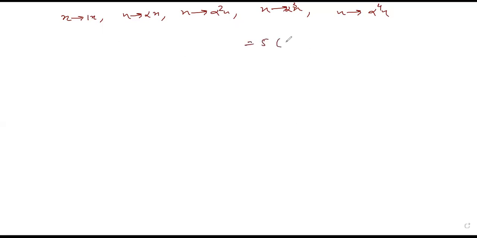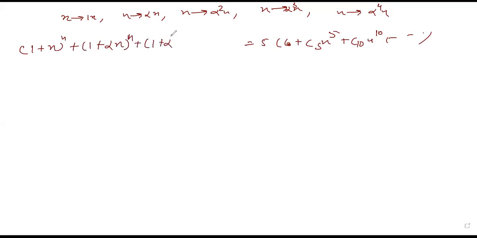That will come as c0, c5 x raised to the power 5, c10 x raised to the power 10, and so on. And this side will come 1 plus x raised to the power n, 1 plus alpha x raised to the power n, plus 1 plus alpha square x raised to the power n, and so on. Finally, 1 plus alpha raised to the power n.